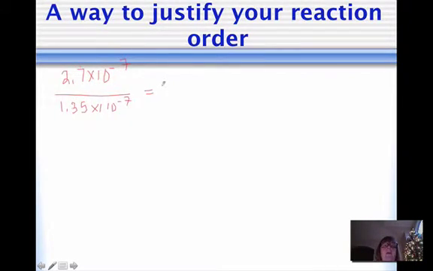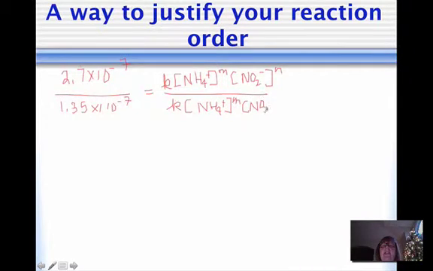So experiment 2's rate law would be k times NH4 to something times NO2 to something. And this would be divided by k, and that should have an n. This would be NH4. And now let's plug these values in from that data. So let's see, this is a 2 is equal to k. From this experiment, it was 0.1 molar.